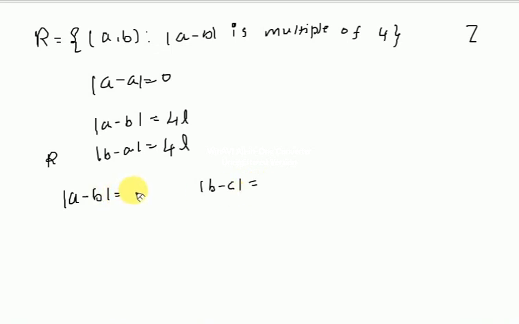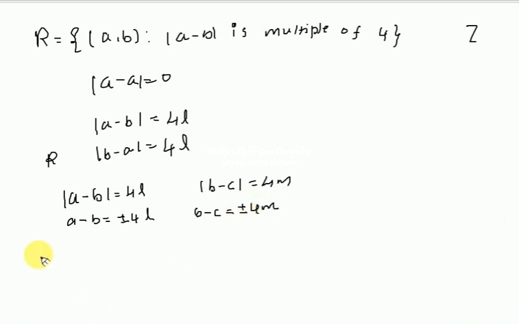If |a − b| is a multiple of 4, we shall consider 4L, and this one as 4M. If you remove the modulus, we get a − b = ±4L, b − c = ±4M.